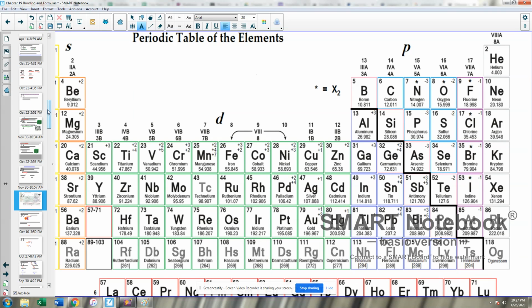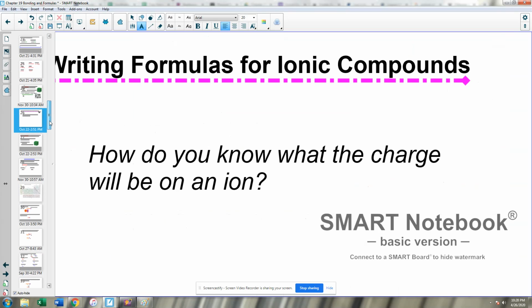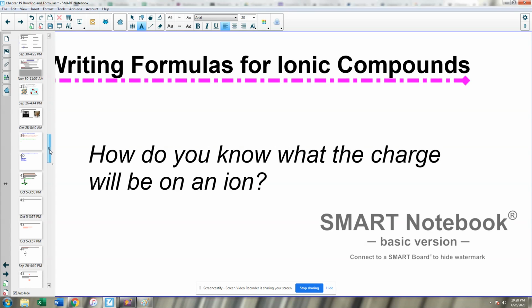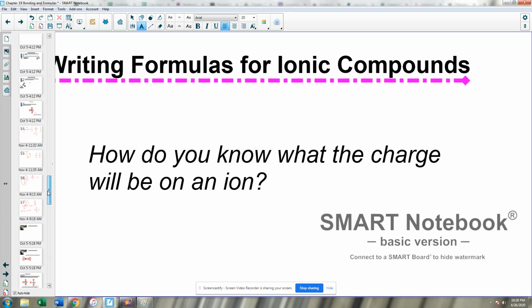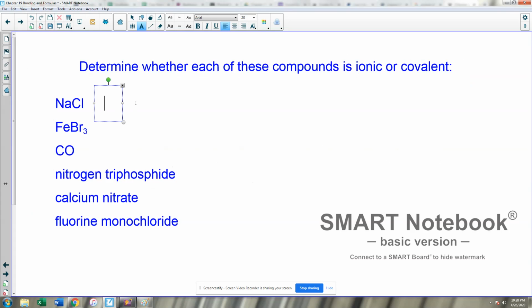So that means that sodium chloride has got to be an ionic compound. Why did my slides get out of order here? So sodium chloride has a metal and a nonmetal, so that is an ionic compound. FeBr3: iron is a metal and bromine is a nonmetal, so that's also ionic.